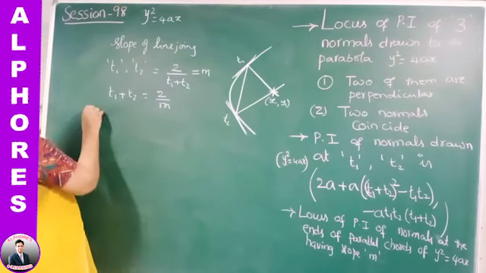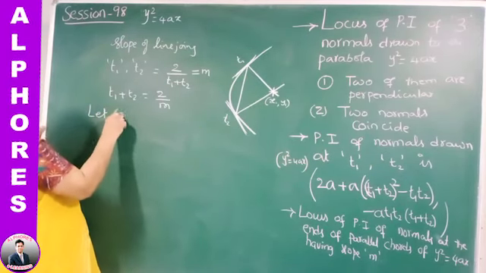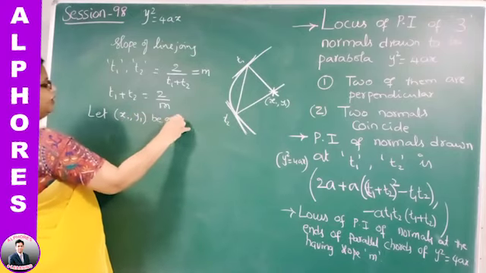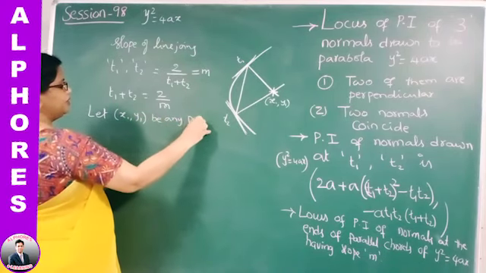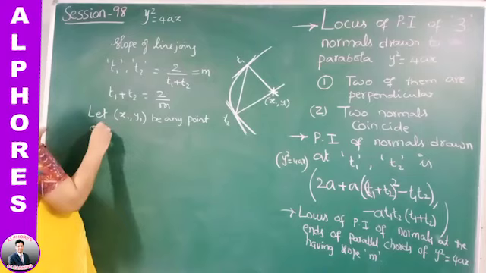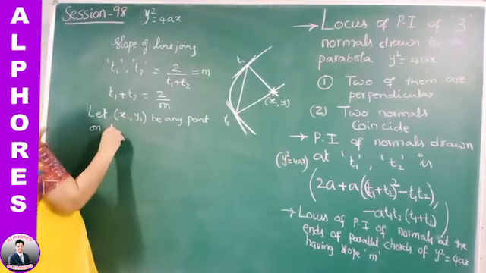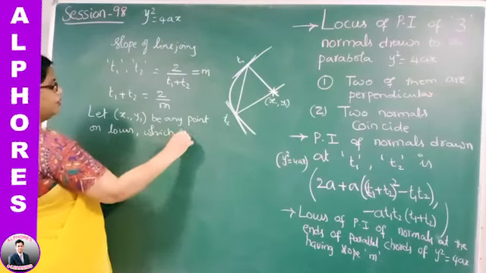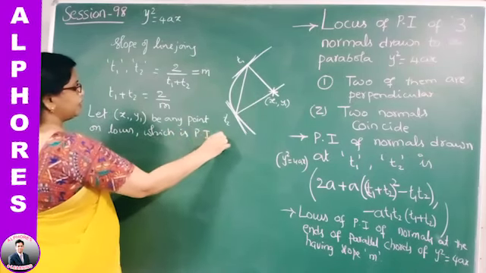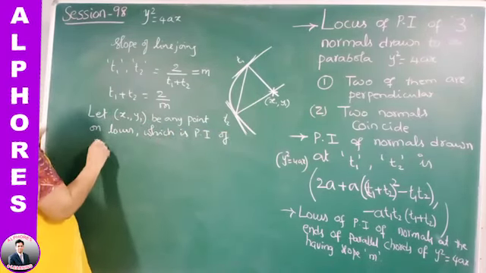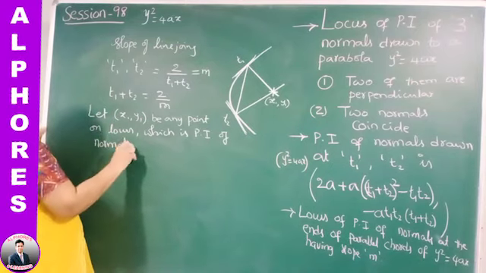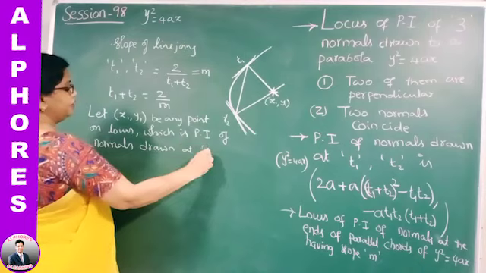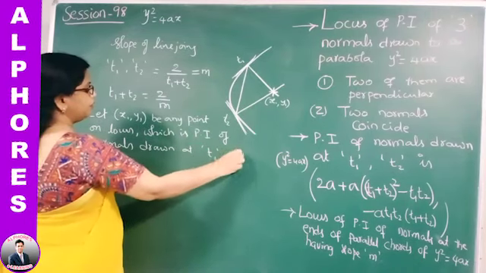So let us write here, let x1 comma y1 be any point on the locus. Then this is our point of intersection of normals, drawn at T1 comma T2.